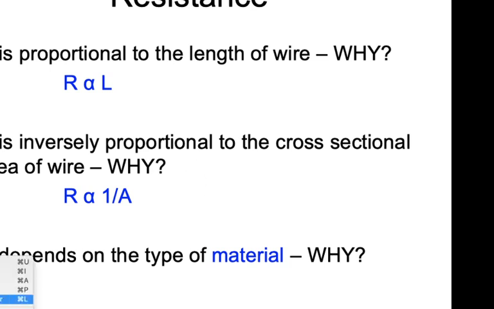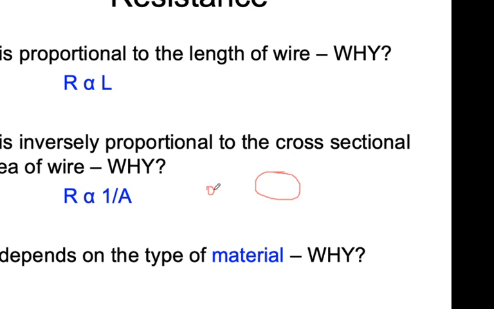So if we have a really narrow, small diameter wire versus a really big one, we're going to have a lot more electrons colliding against each other and against the walls of the wire, lots more friction occurring. Whereas when we increase the cross-sectional area, they're able to flow a lot easier. We're going to have less of that resistance, less of that friction.